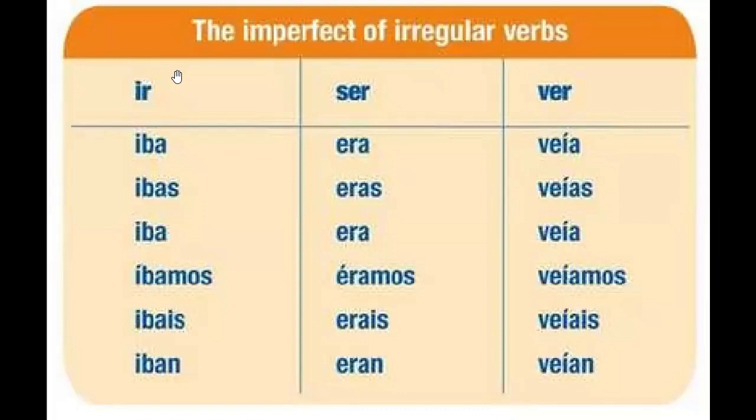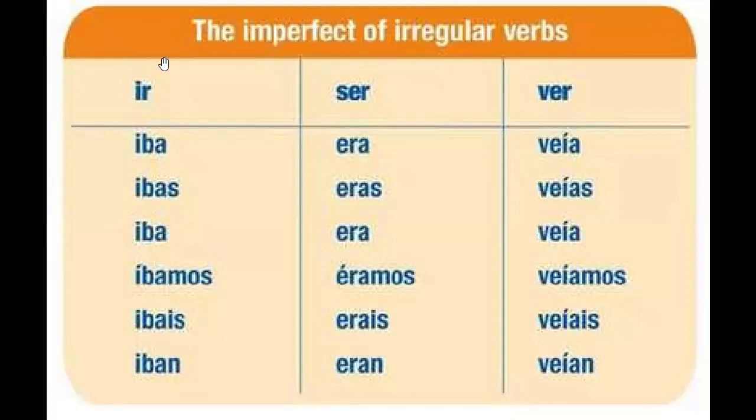Okay, the first one is ir. Ir, as you know, is to go. So, how is the conjugation? We're going to say yo iba, tú ibas, él iba, nosotros íbamos, vosotros ibais, ustedes, ellos iban.